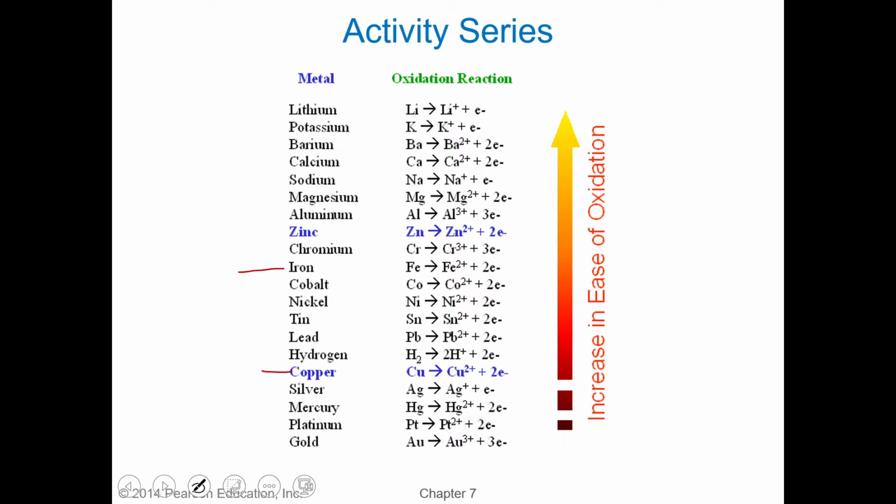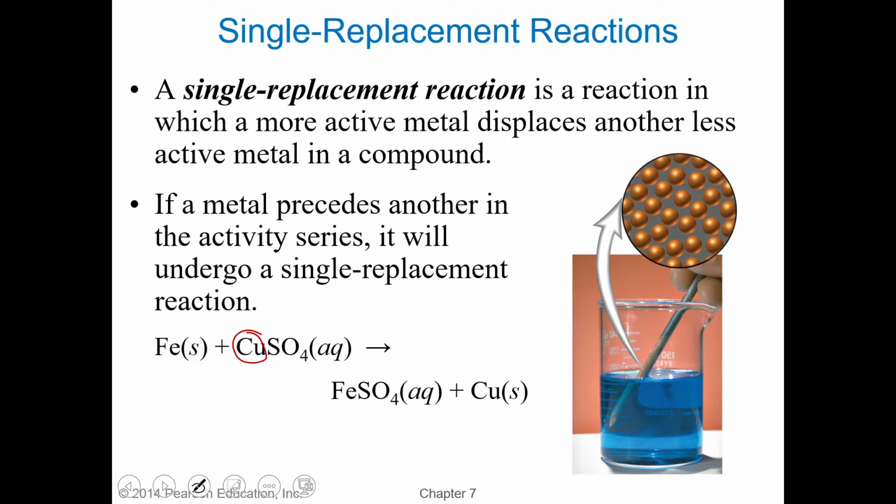Iron is much higher up there. So what this means is iron is much stronger and much more reactive than copper. So it will easily come in and kick off the copper, forming a new ionic compound that will be in aqueous solution and a copper solid that will precipitate out.